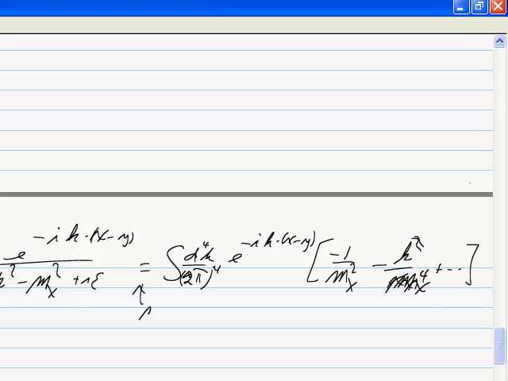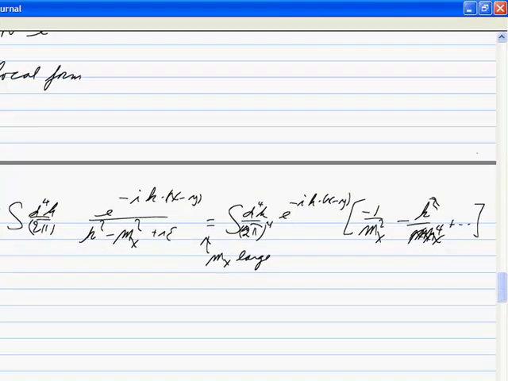So this is m large. And we can then pull that outside in front of the integral.